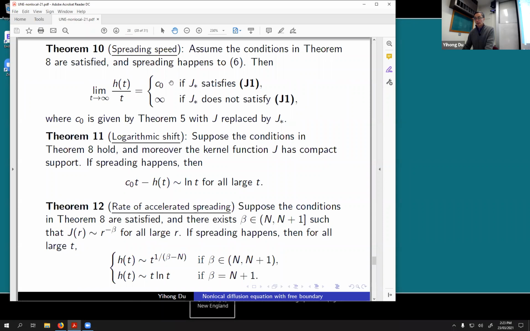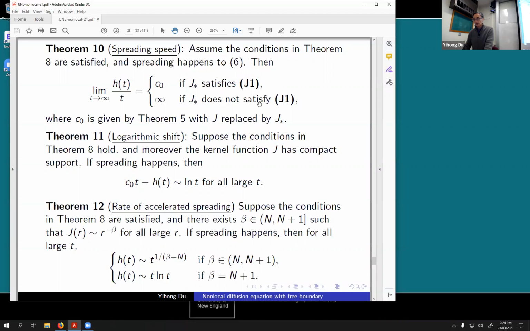For the accelerated spreading case, where J1 does not hold, we again looked at a function behaving like this: J is in high dimension and r means the norm of x. So J(r) behaves like r to the power minus beta. We found that J star not satisfying J1 is equivalent, in that situation, to beta being in that range.